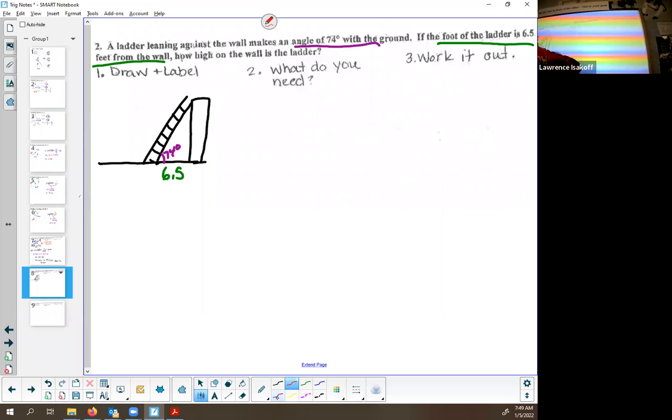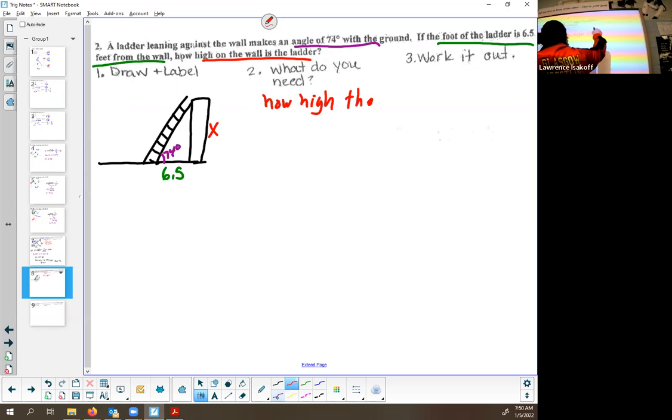So what I'm curious about is this height, x, right? So what do we need? We need how high the ladder reaches.